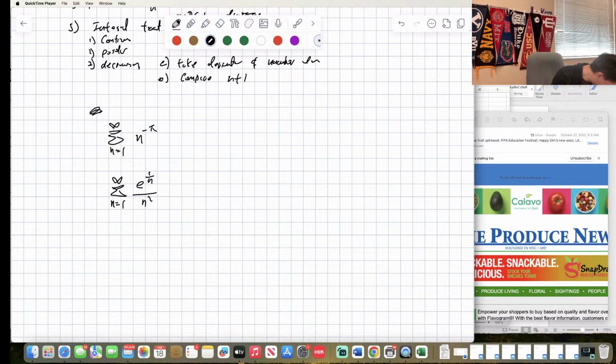Is this one convergent or divergent? And either 1 over n squared.